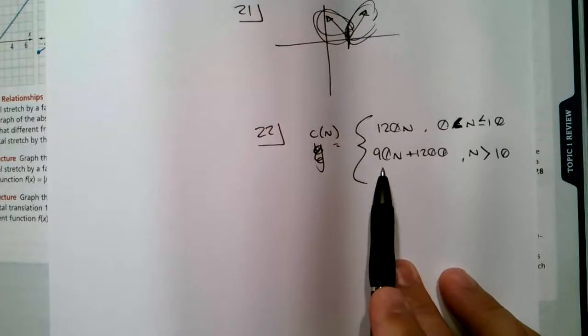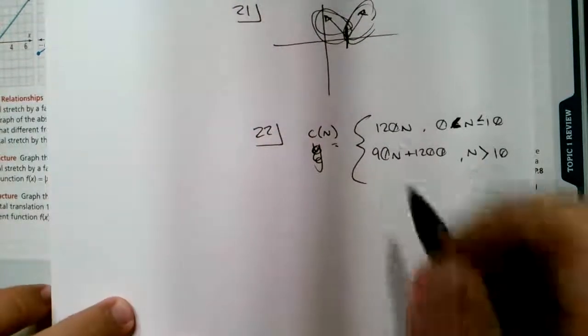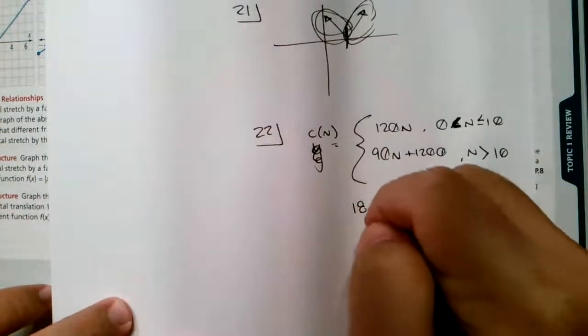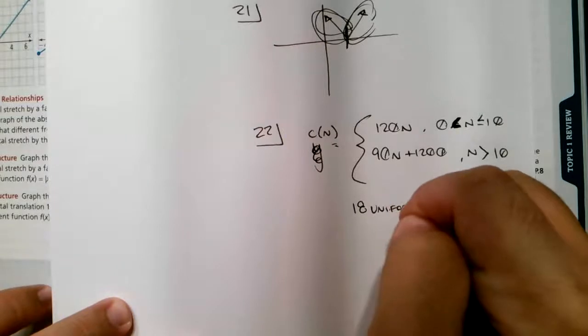All right. Did they ask you anything else? Determine how much the coach will pay for 18 uniforms. So for 18 uniforms, I could just use this second equation right here. 90 times 18 plus 1,200. 90 times 10, that's 900.